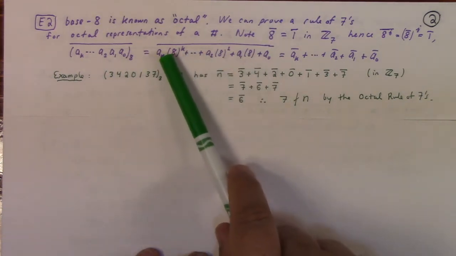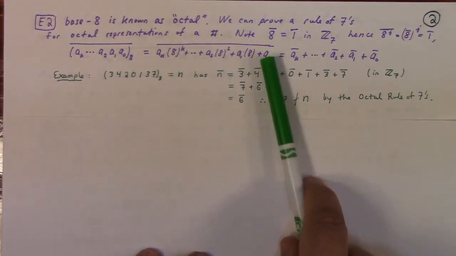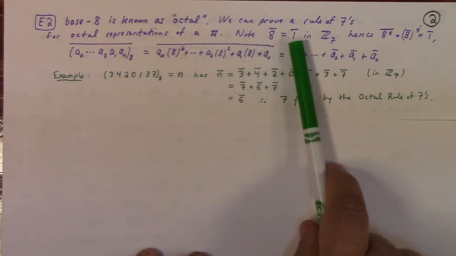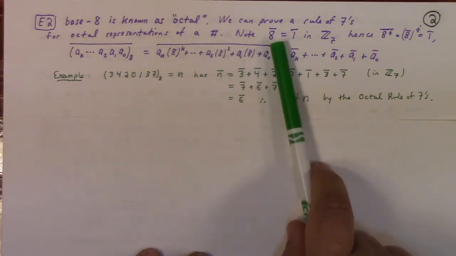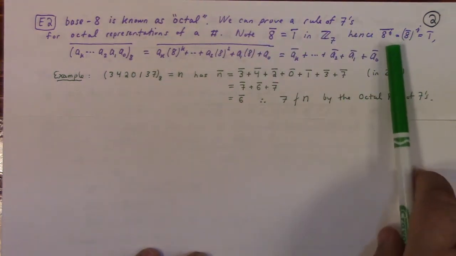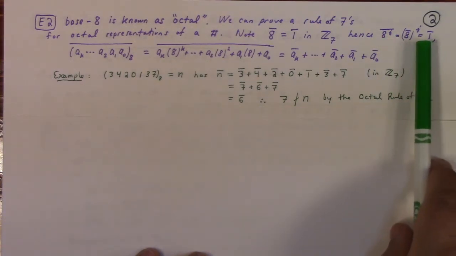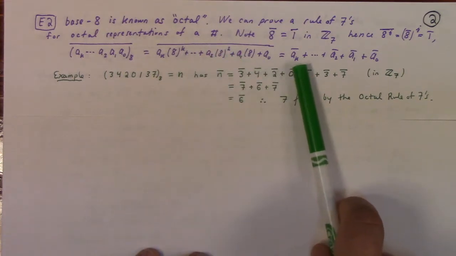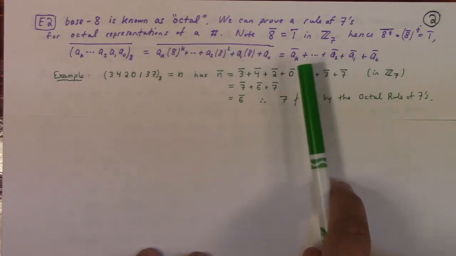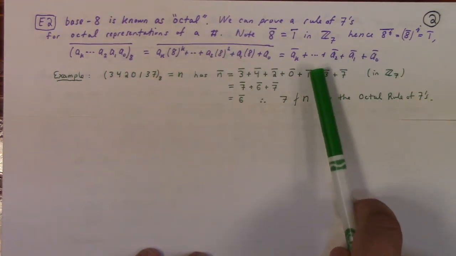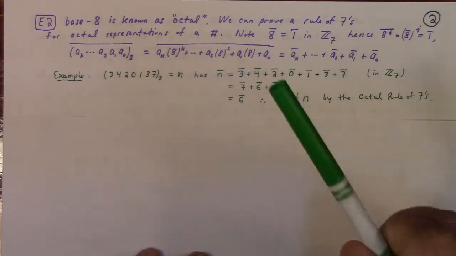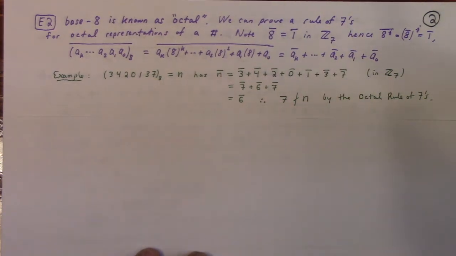And when we reduce this mod 7, because 8 to any power is congruent to 1, the equivalence class of that is just 1 bar. So all of the 8s drop out, and we just get the sum of the octal digits. And so that's kind of your rule of 9s for octal numbers. It's a rule of 7s, yeah.